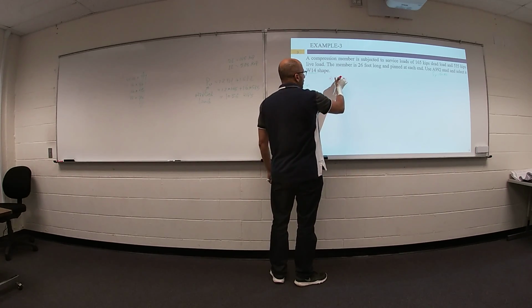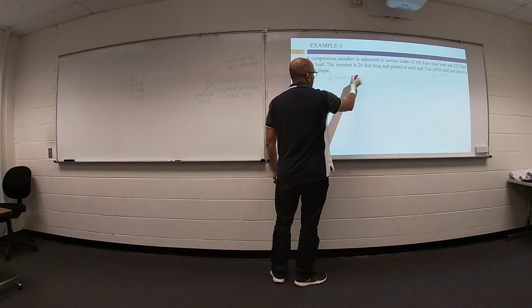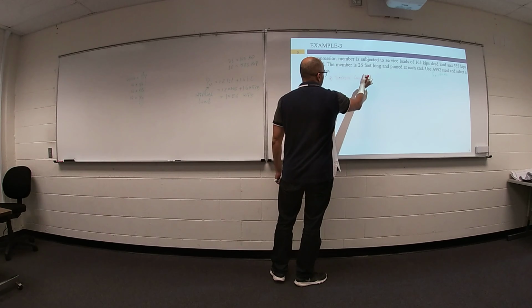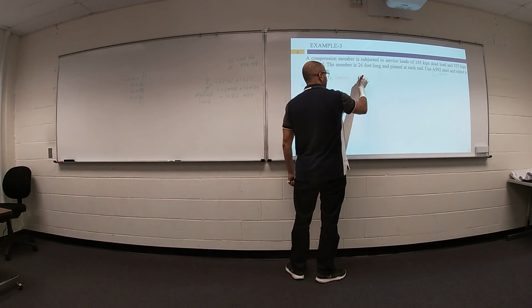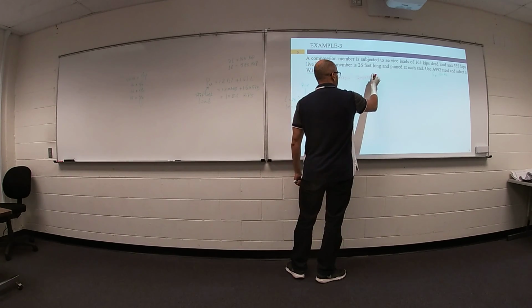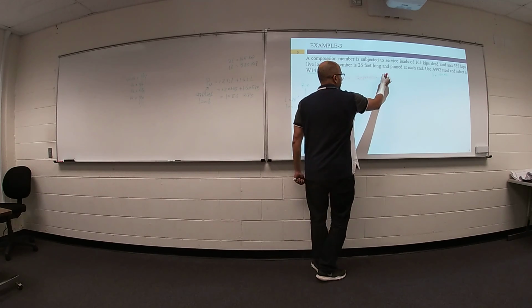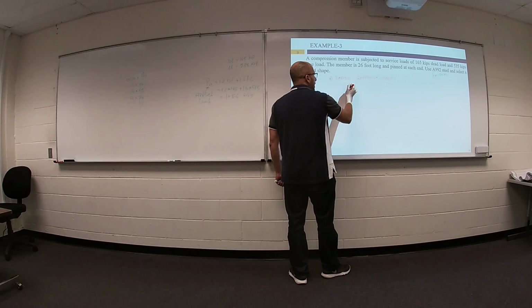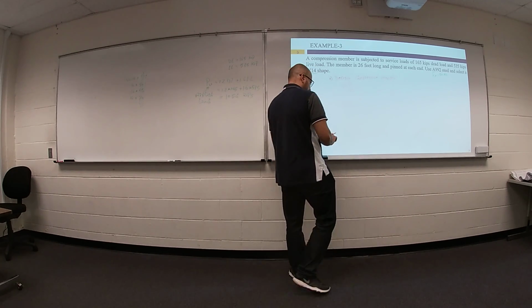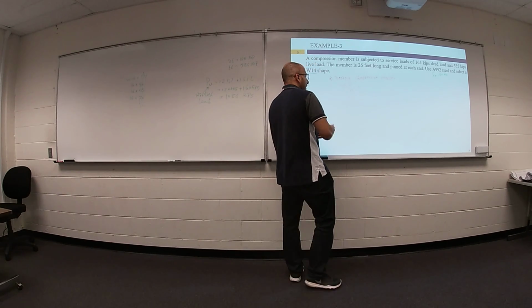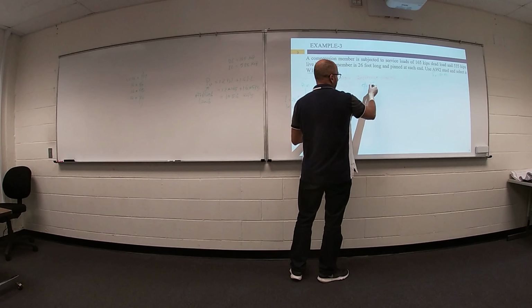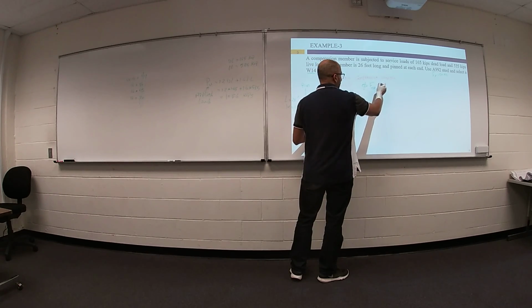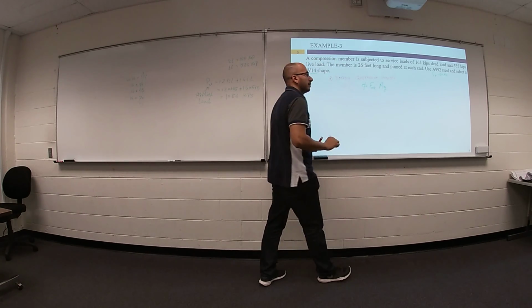Anyway, your design load or design compressive strength, which is called Phi Pn, equals Phi F critical area gross.